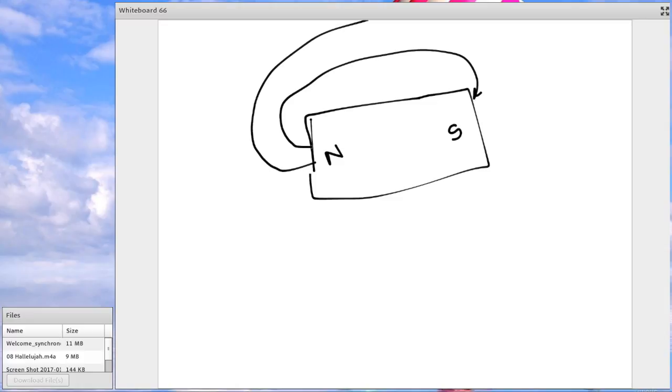That went off the page. They don't usually go over the magnet like that. They just go from north to south, and they keep going.